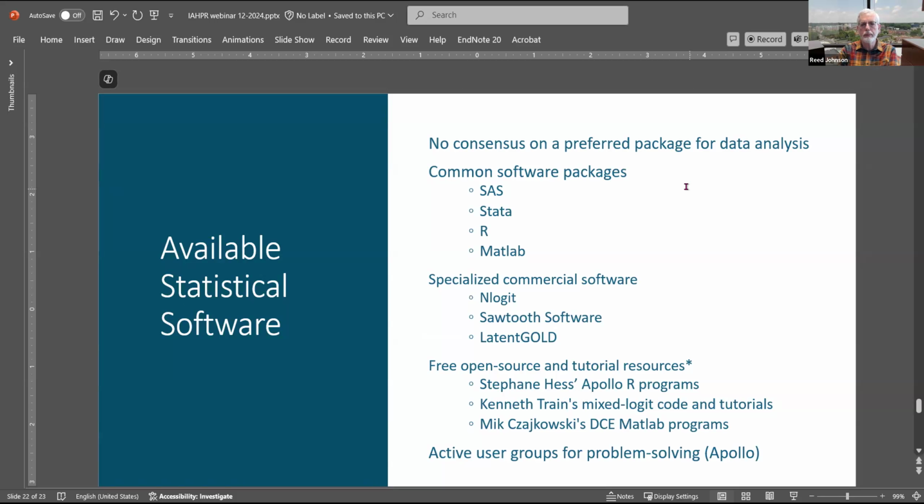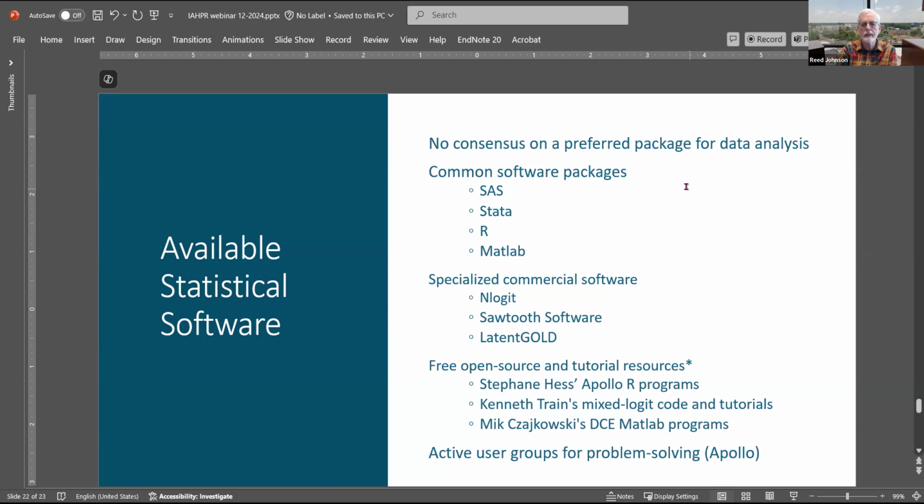Stata also has a set of procedures for doing all these things. There are some limitations on what Stata can do with mixed logit. If you have too many parameters, I think there are a limited number of parameters that you can estimate as mixed, but you don't have to estimate all your parameters as mixed logit.